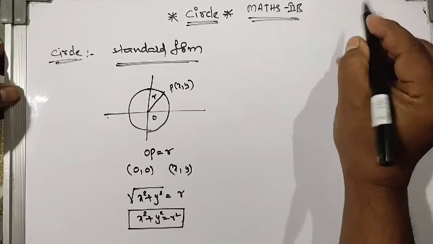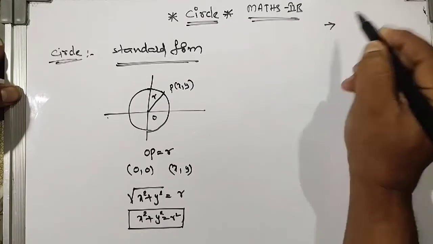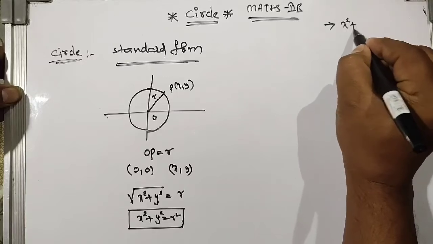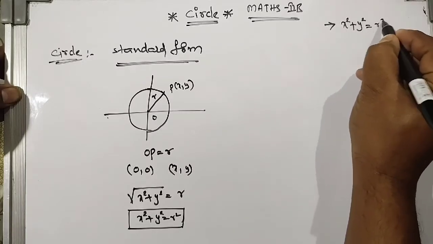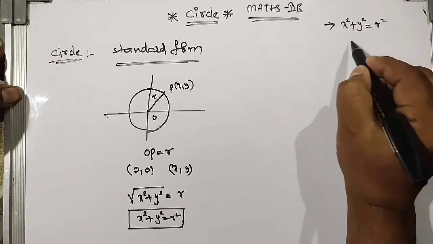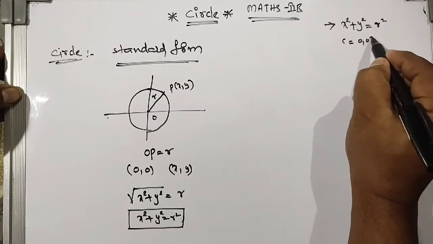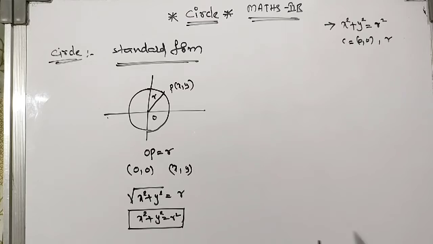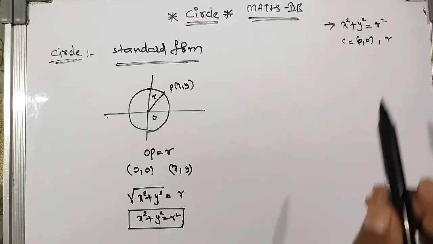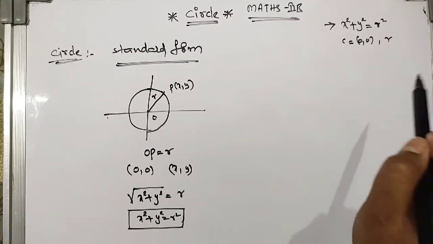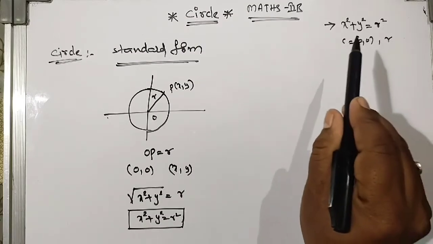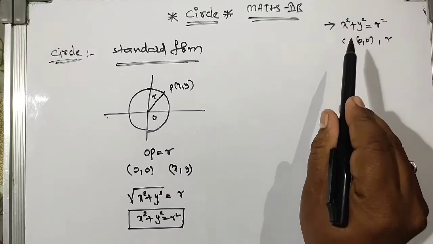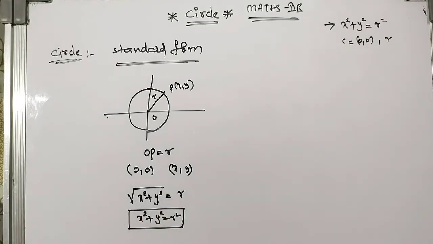In this case the center C is the origin, 0 comma 0, and R is the radius. So when the center is 0 comma 0 and R is given, we can use this to find the circle equation, x square plus y square is equal to R square.